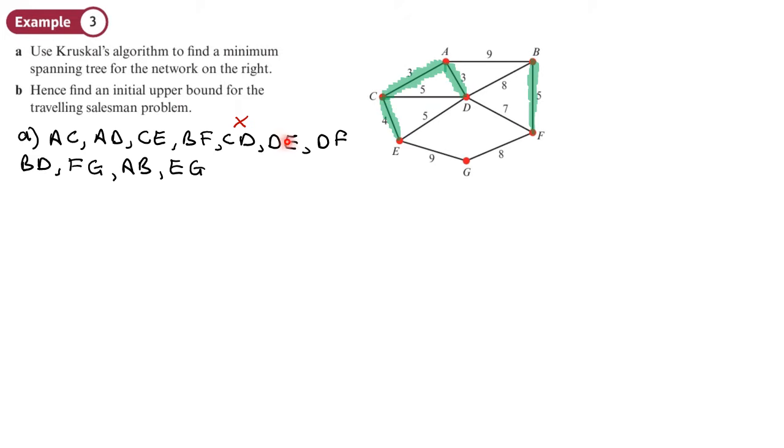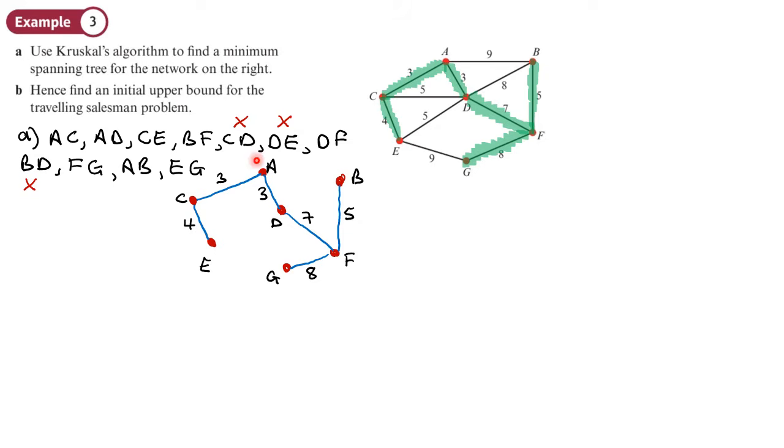Then DE, that also forms a cycle, D to E, so we'll reject that as well. Then DF, yes, we can add that. Then B to D forms a cycle, gets rejected. FG, we can add that. And I've now gone to every vertex. So this is my minimum spanning tree here.